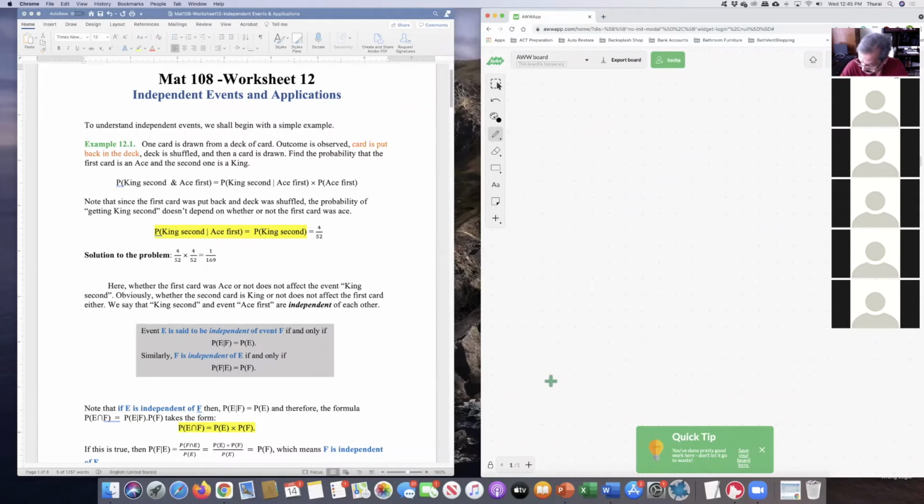So let's assume E is independent of F. That means the probability of E given F is the same as the probability of E. If that's true, then the probability of E intersection F equals the probability of E given F times the probability of F, which takes the form the probability of E times the probability of F.